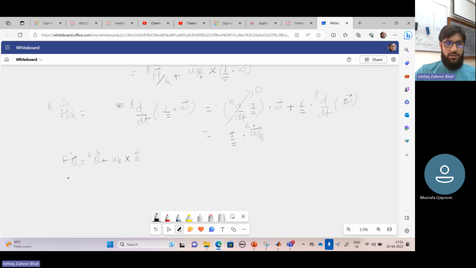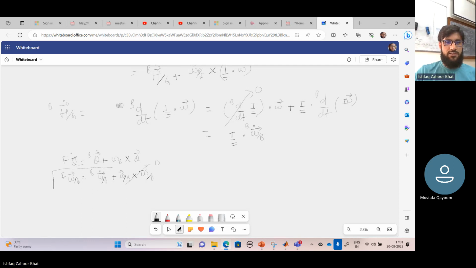So I can write omega body in fixed frame is equal to omega with respect to body frame, cross omega. Okay, so what is this equal to? Omega cross omega. This is 0.